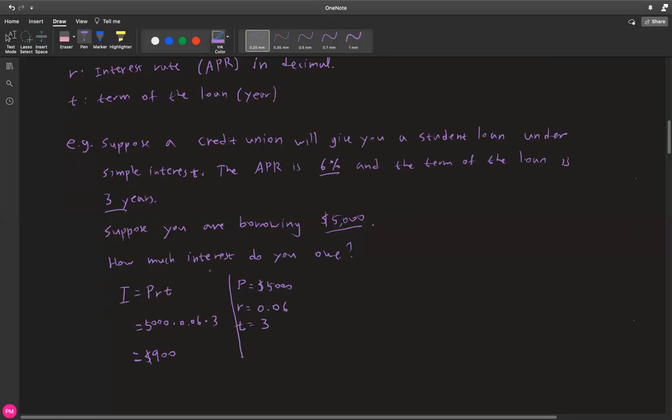So we have calculated the interest here, but the total value that you owe, because you have to pay back the initial amount, the principal as well, the total amount you owe is the principal and the interest, which in this case is obviously you borrowed $5,000 and you owe an additional $900 just for the interest, so you have to pay back $5,900 at the end of the third year.